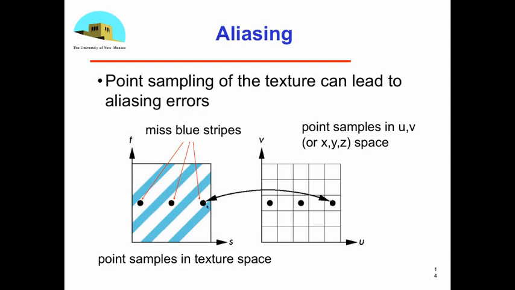Well, the problem is, look at this sort of rigged alignment, but you have the problem anyway, it's completely missed all the blues. So what we see now in this extreme example are just the whites here. Now, if I changed it a little bit or went down to the next line, I may only hit the blues. Well, that's not going to give me what the texture really looks like, and the issue is that this is an aliasing problem.